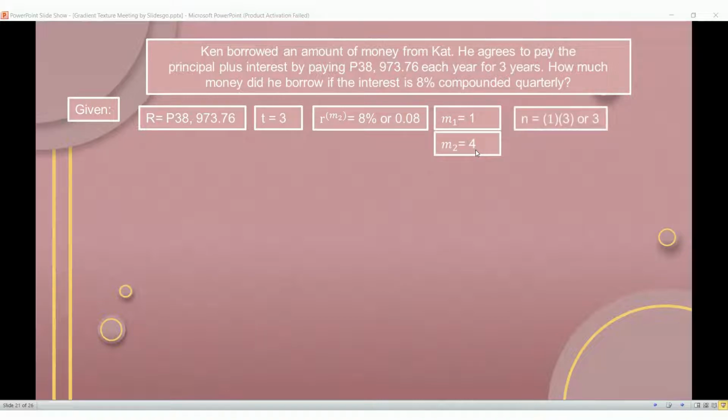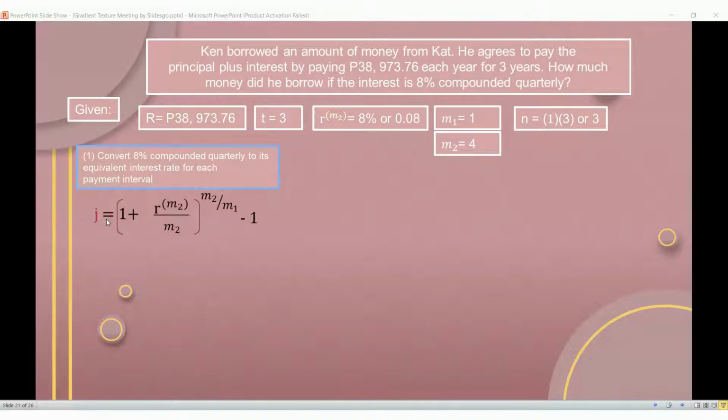N natin ay M sub 1 times time, kaya 3 ang number of payments natin. So, next ay hanapin muna natin yung J. First step is convert 8% compounded quarterly to its equivalent interest rate for each payment interval.